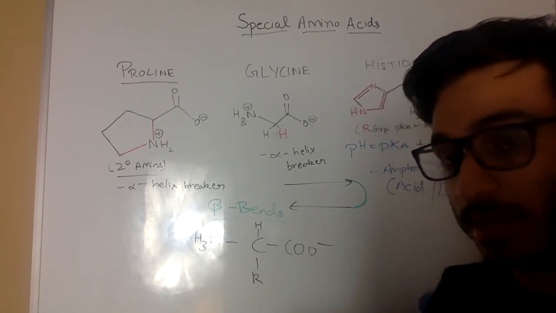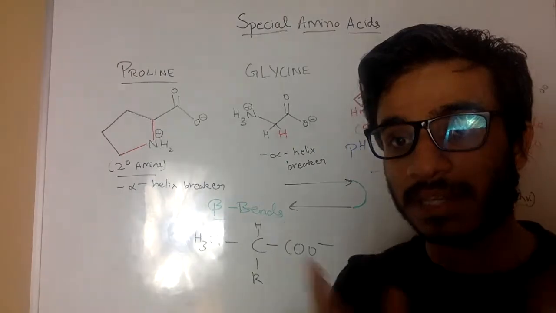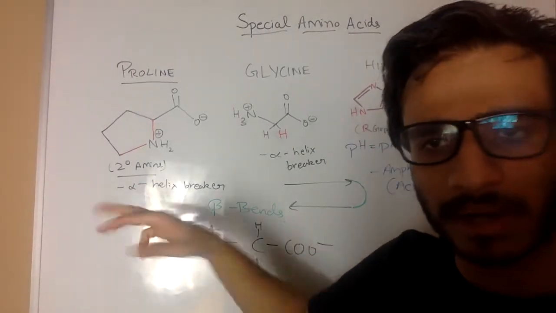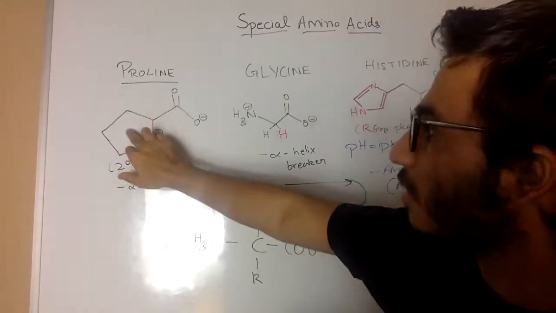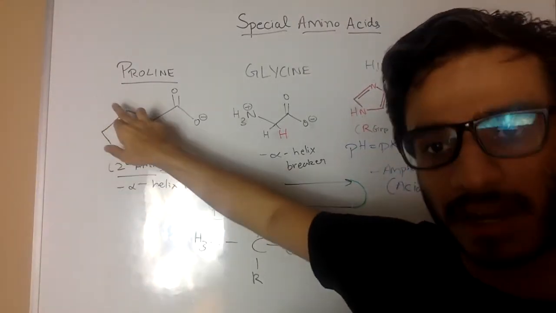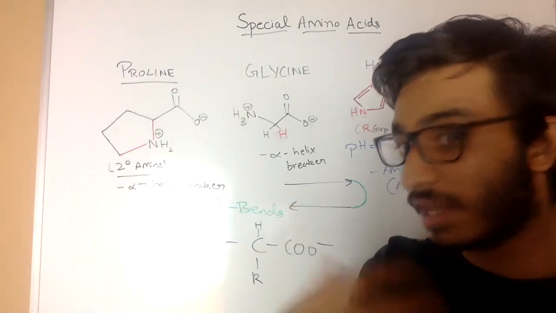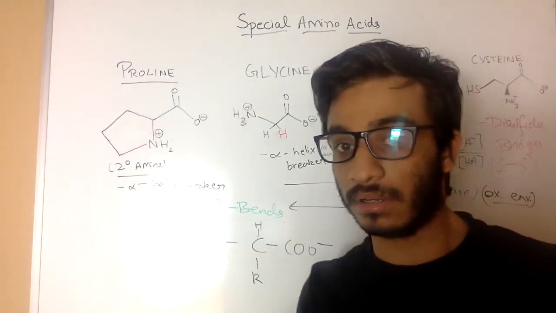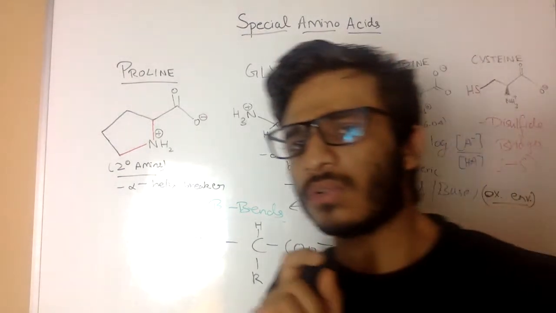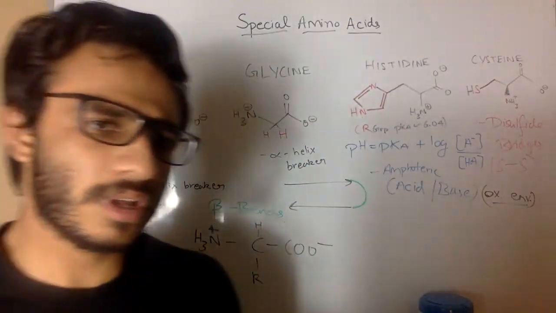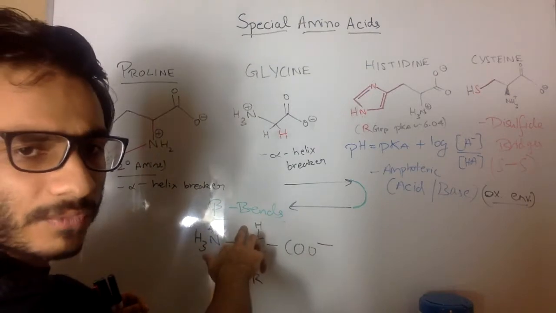But for proline, the R group is fused with the N terminal, so it causes kinks in the alpha helices. It causes steric hindrance, so it promotes bends due to this steric hindrance caused by the R group fused to the N terminal. What is usually found where proline is, is what we call beta bends.